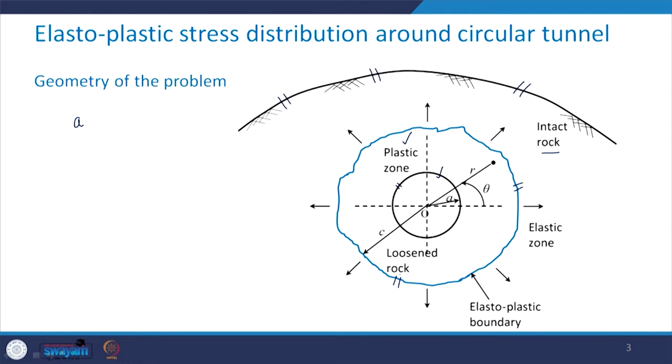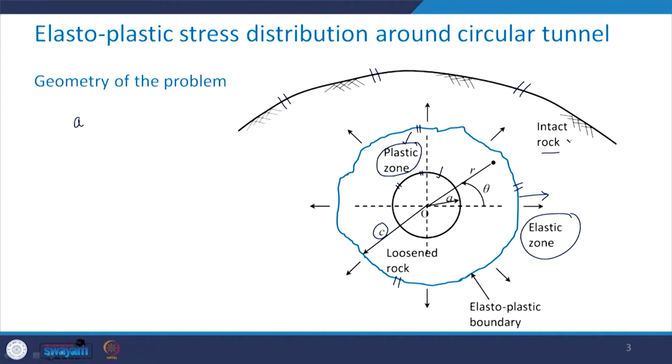Why is it so? We will discuss that in detail in subsequent slides. The radius of this zone from the center has been taken as c. So, the rock beyond this boundary is in the elastic zone, and the rock in between the boundary and the cavity is in the plastic zone.